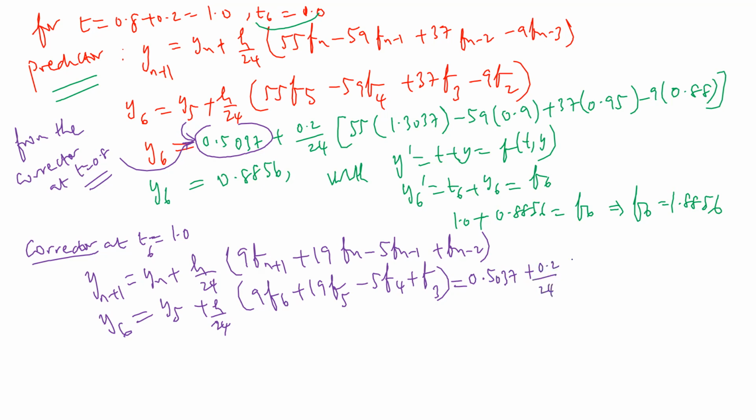0.2, F6. We got F6, that one, which is 1.8856. And then we have 19 F5. What is it? Okay, we got F5 again. What did you get F5 to be? We got F5 from the previous calculation.